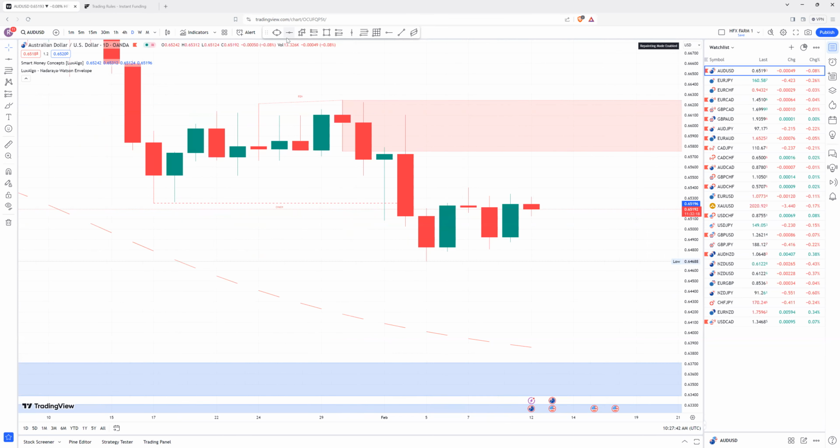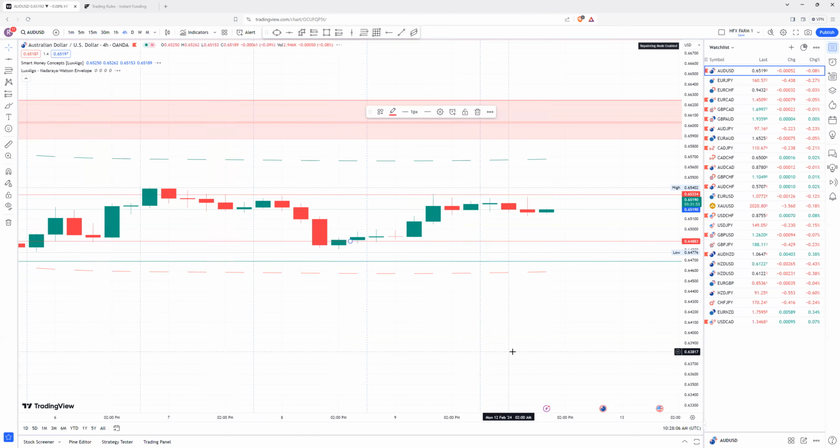Now pick this horizontal line and place it at the high and low of the previous daily candle, on daily. Then you go to 4 hour as well.